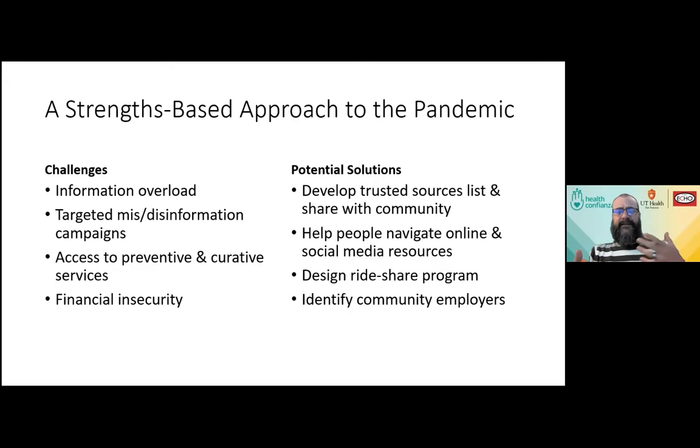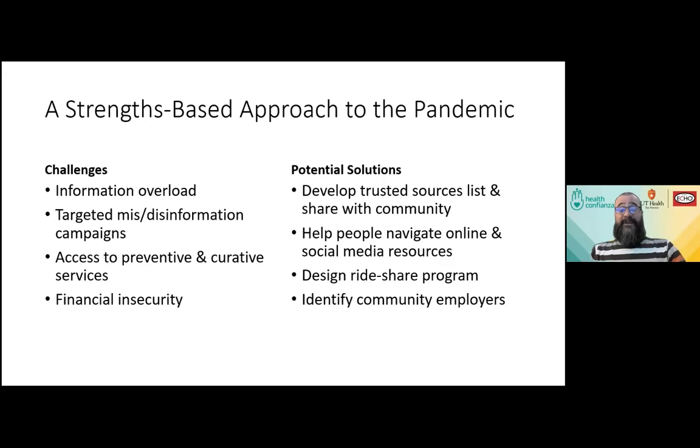And then finally, we know that financial insecurity has also been on the rise. And so it could be that we work together and identify all of the employers within our neighborhood, and we can find employment opportunities for each other. We could create a childcare opportunity, whatever it might be. But until you start the conversation, it's really hard to know what the assets are to address those potential solutions.